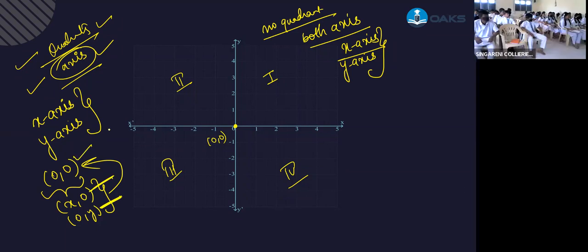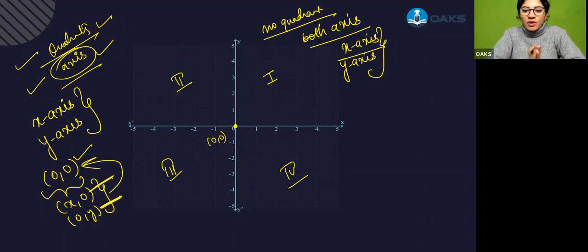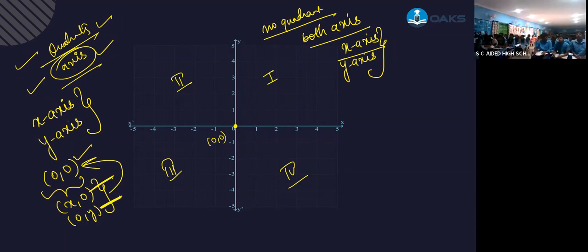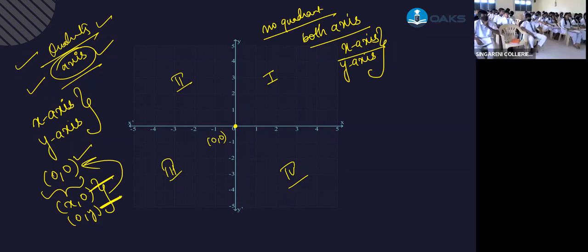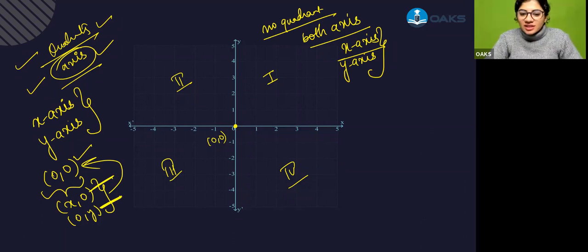It will lie on the x-axis and y-axis both. Everybody understand this point? School 1, school 2. I have spent so much time on this, so you should understand that 0,0 is lying on both the axes and not on the quadrants. Correct?